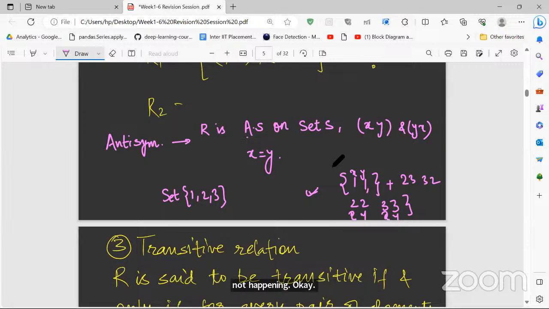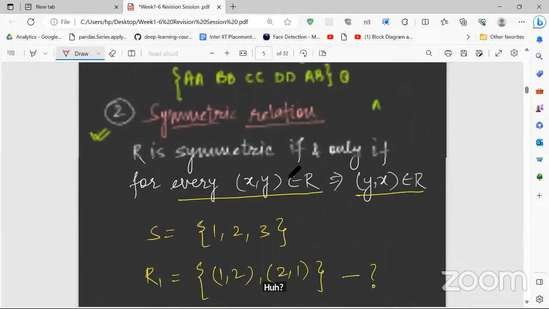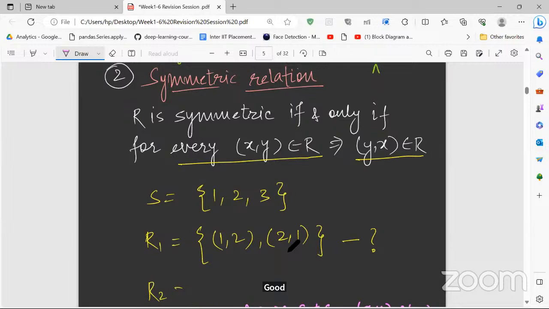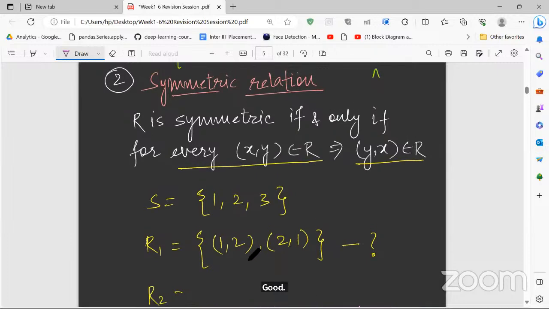But in the previous set we wrote 2, 2 and that was symmetric. Exactly, sir. In the previous example, when we were doing the symmetric, we actually wrote 2, 3, 3, 2, 2, 2. So here, if we write 2, 2, this is symmetric, no?